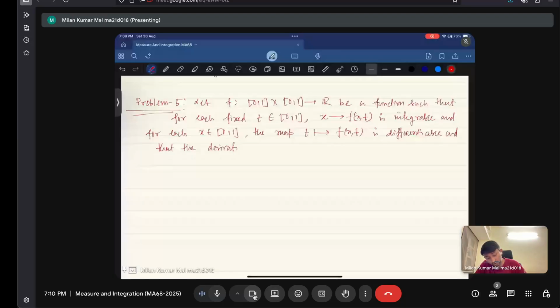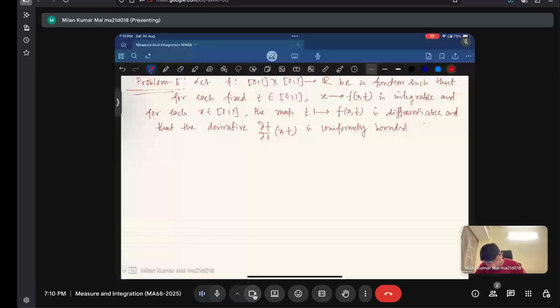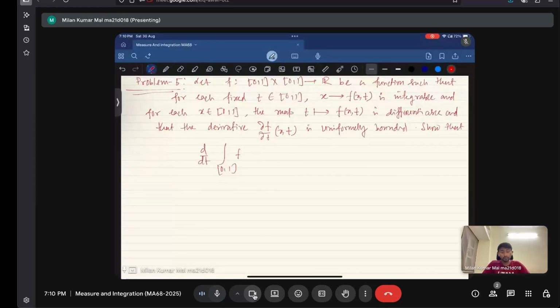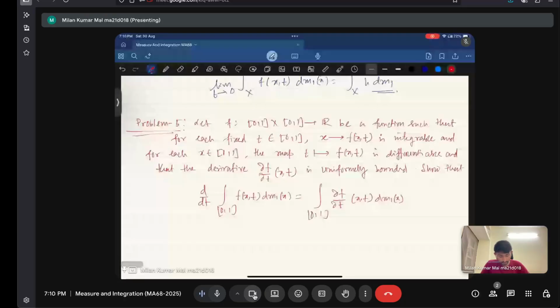Now it is asked to show that d/dt of the integral over [0,1] of f(x,t) dm1(x) is equal to the integral over [0,1] of ∂f/∂t (x,t) dm1(x). So the question says: let f be a function such that for each fixed t, x goes to f(x,t) is integrable, and for each x the map t goes to f(x,t) is differentiable.